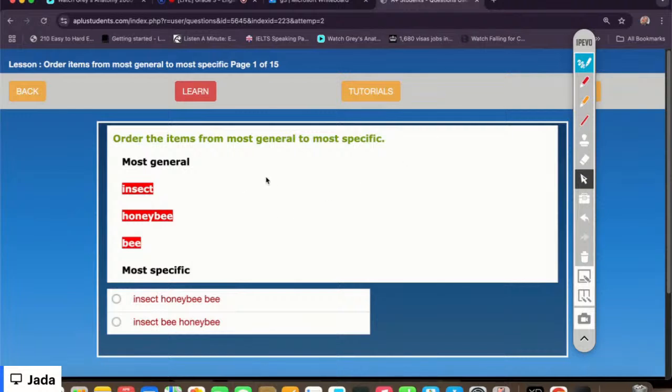Okay, so order the items from most general to most specific. We have insect, honeybee, and bee. So what is the right order? Most general to most specific.